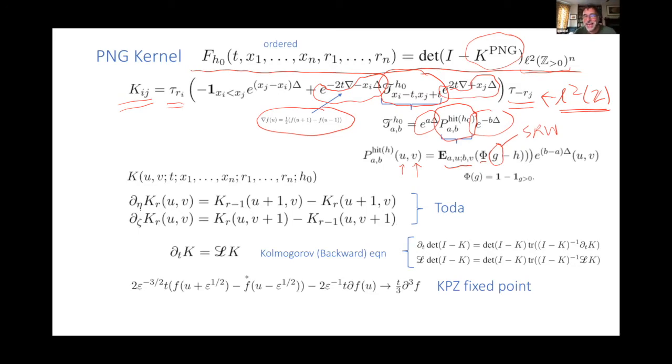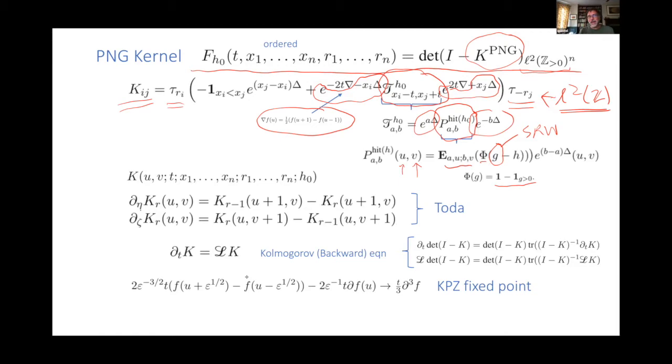And all that does is ask you, did you cross your initial data? Did you actually ever meet it? So the hit operator just asks you, what's the probability for a symmetric simple random walk path from A to B, starting at u and going to v, to actually have crossed below the initial data H, entered its hypograph. Okay, so that's how you create this operator P hit.